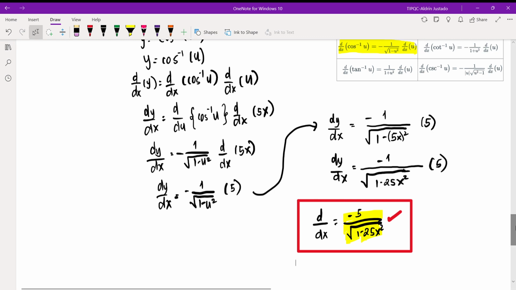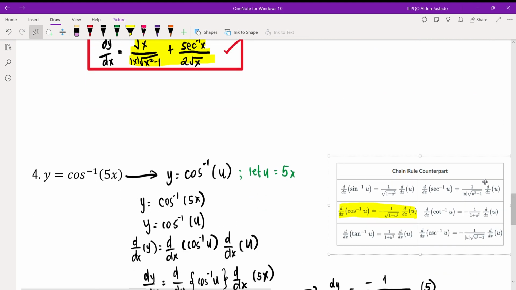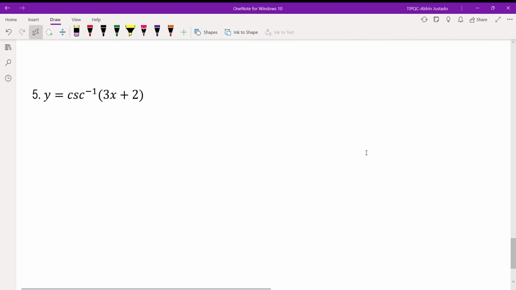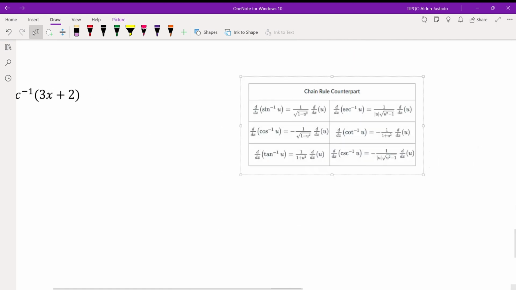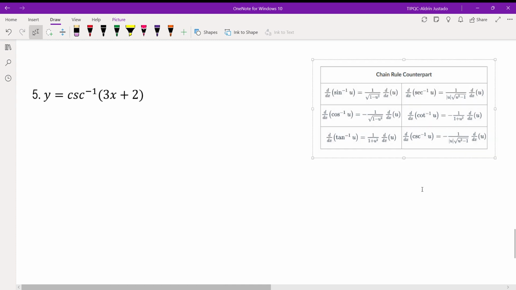Last example. Copy natin ulit to. Okay? Last example. Again, we have y is equal to arc cosecant of 3x plus 2.